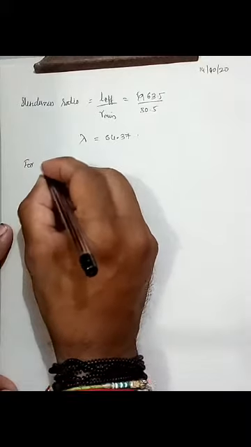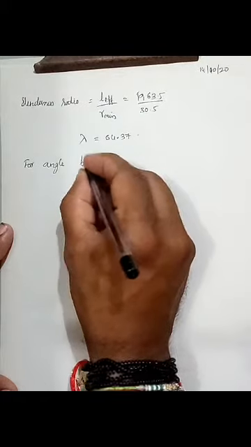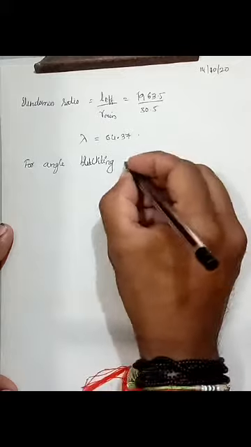For an angle, buckling class is equal to how much? We have done this already in the last semester.